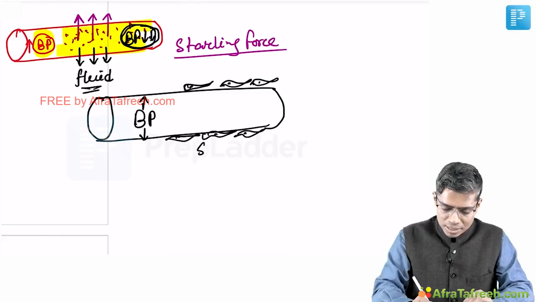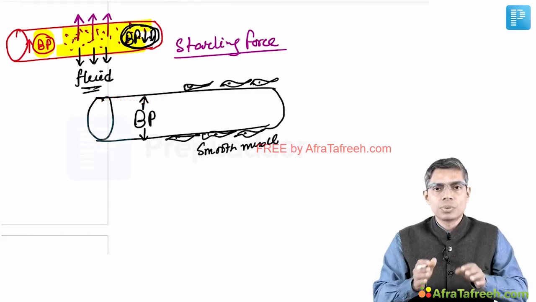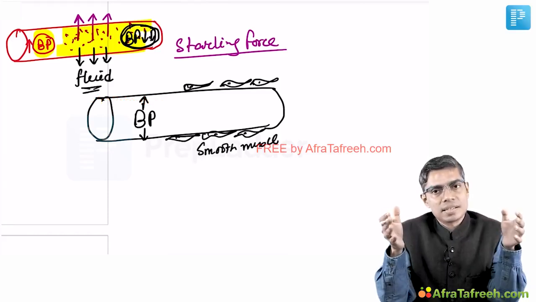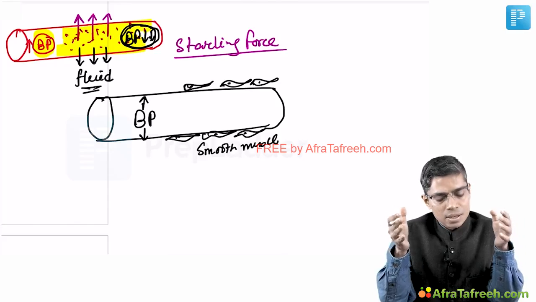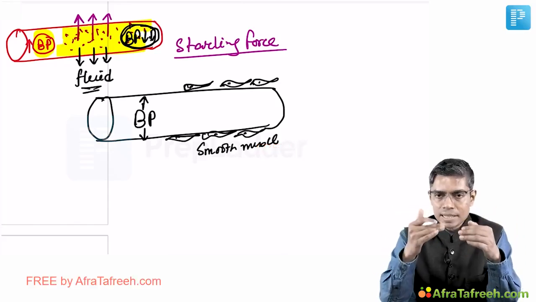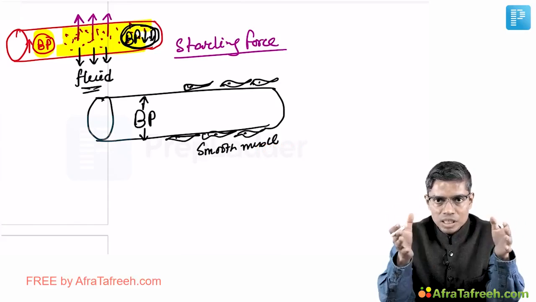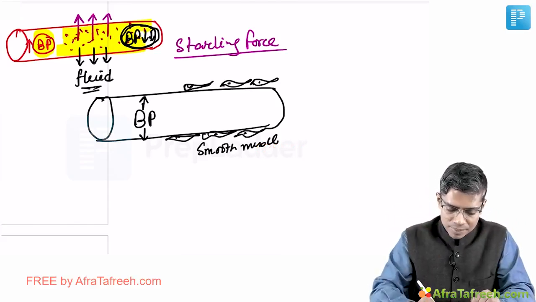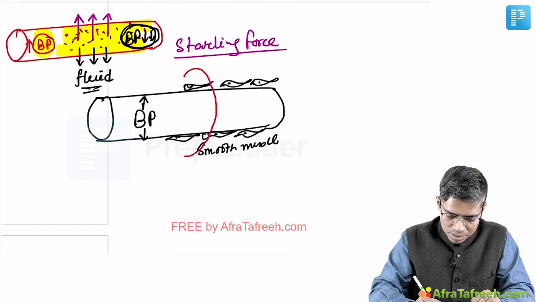Now smooth muscle has a property that whenever you keep it under constant stress, it will relax, right? So whenever you keep this vessel wall under huge stress, after a certain point of time, after a few hours, this vessel wall will relax.